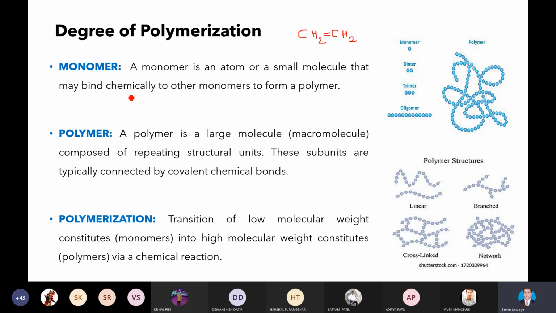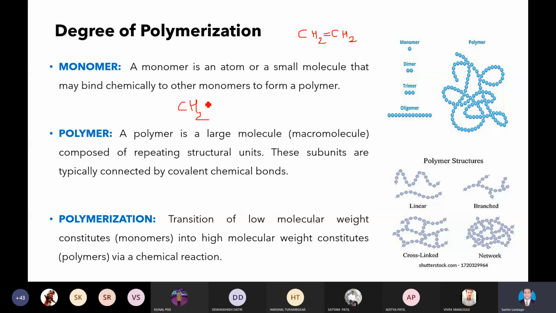In condensation polymerization, the requirement is that we need two monomers, which might be the same or different. In the case of polyester, the monomers we use are terephthalic acid and monoethylene glycol. I'll show you the structure so that it will be clear to you.